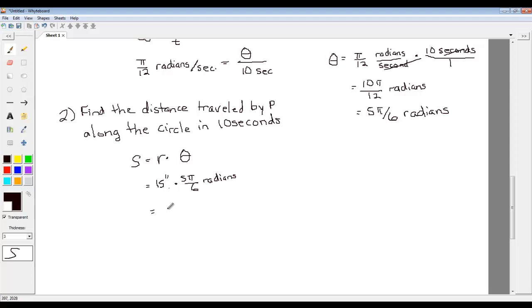So we'll have 75 pi over 6 inches. And that'll reduce. 3 goes evenly in, so you get 25 pi over 2 inches. So there's an exact answer. If you want a decimal approximation, just do 25 times pi divided by 2 and see what you get.